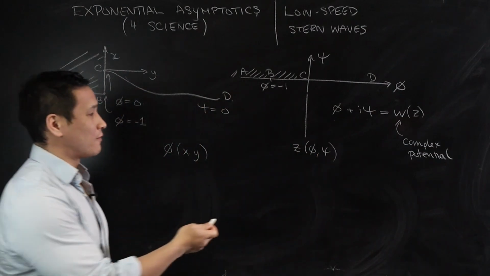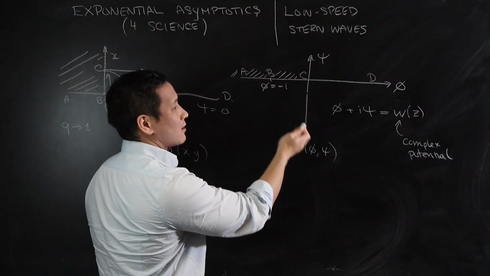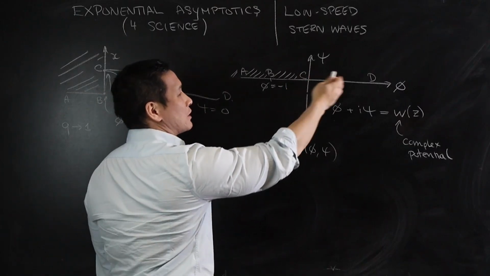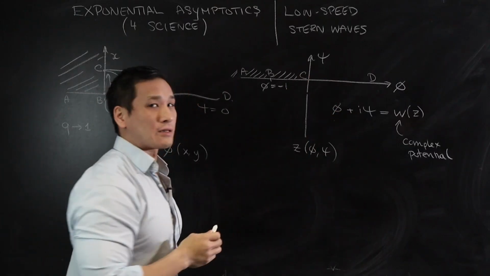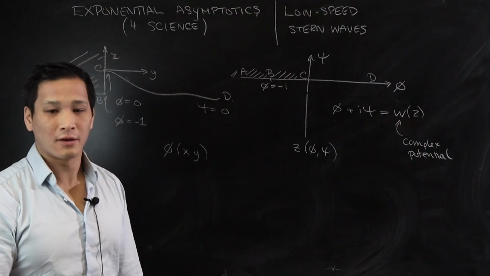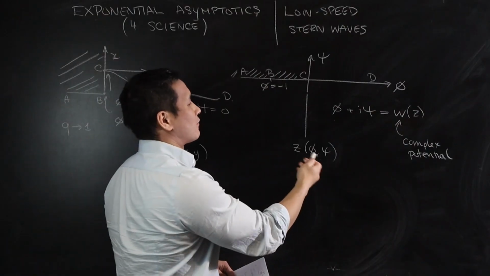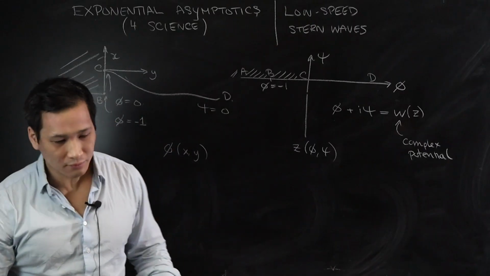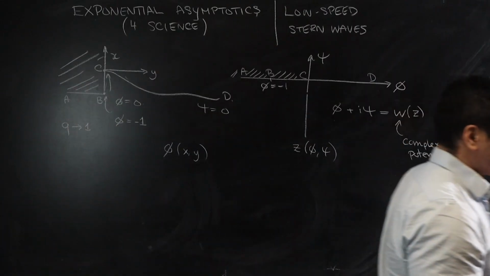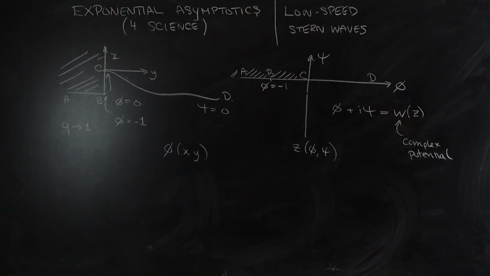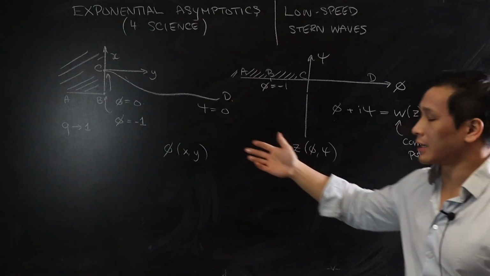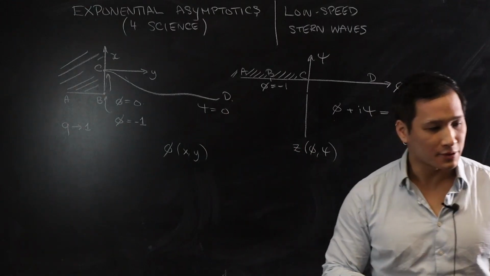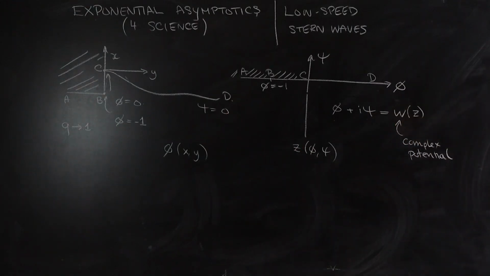And the value of thinking in this way is that in this coordinate system, the free surface has been mapped to psi is equal to 0. So it's a known thing. So if I can write down a set of differential equations in this coordinate system, it's a lot easier to solve. Once I've solved the problem in that coordinate system, there's a way for me to integrate out and get the physical coordinate variables. Okay?